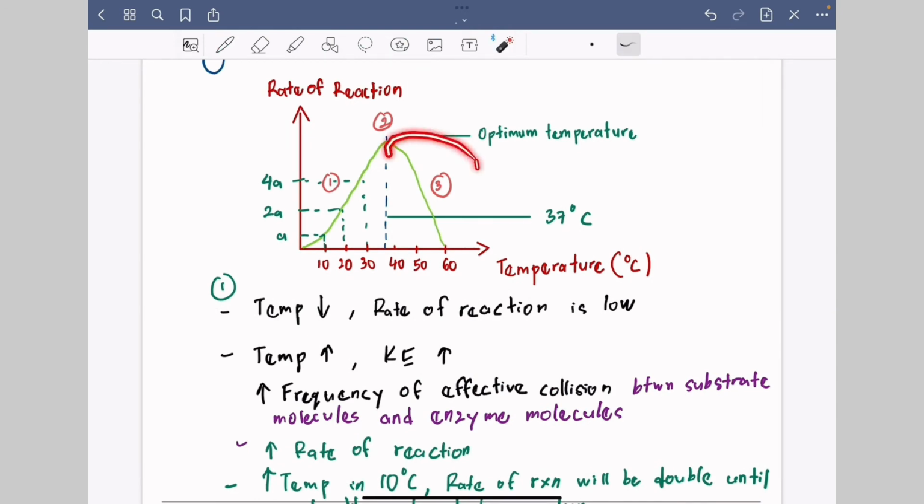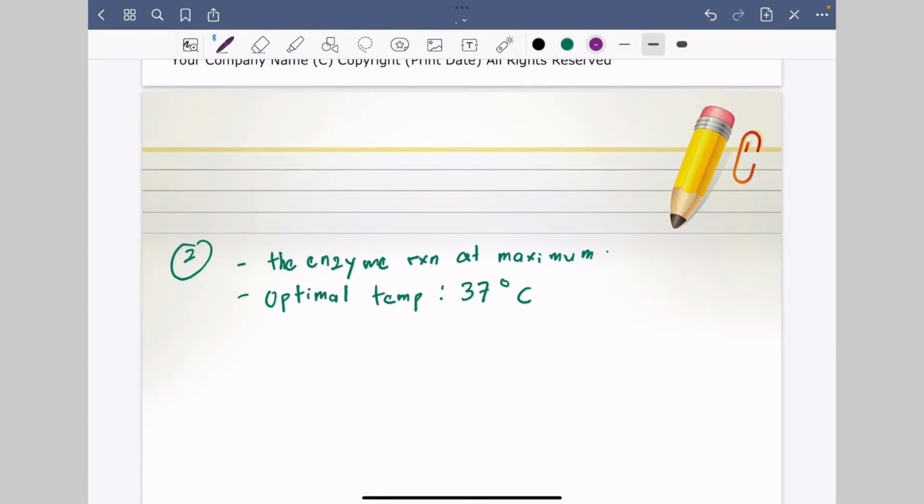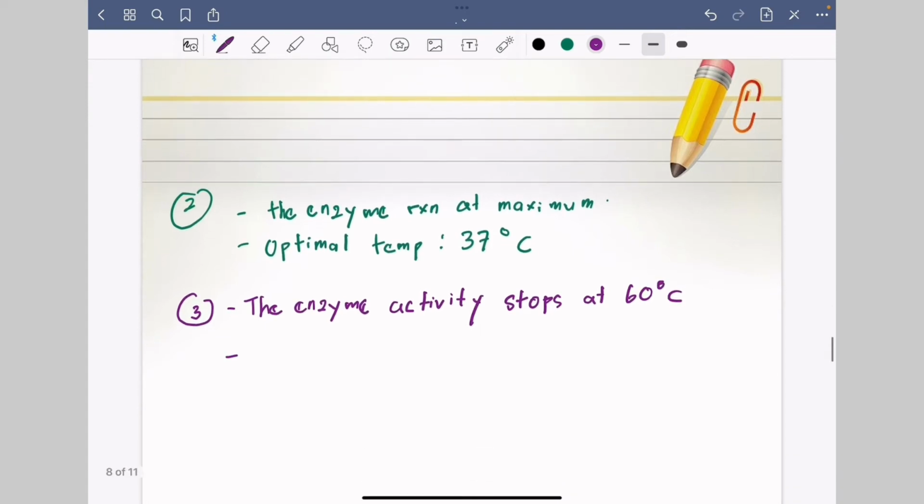The third point we need to explain is after the 37 degrees Celsius. After reaching the optimal temperature, the enzyme activity stops at 60 degrees Celsius. Why is it stopped?